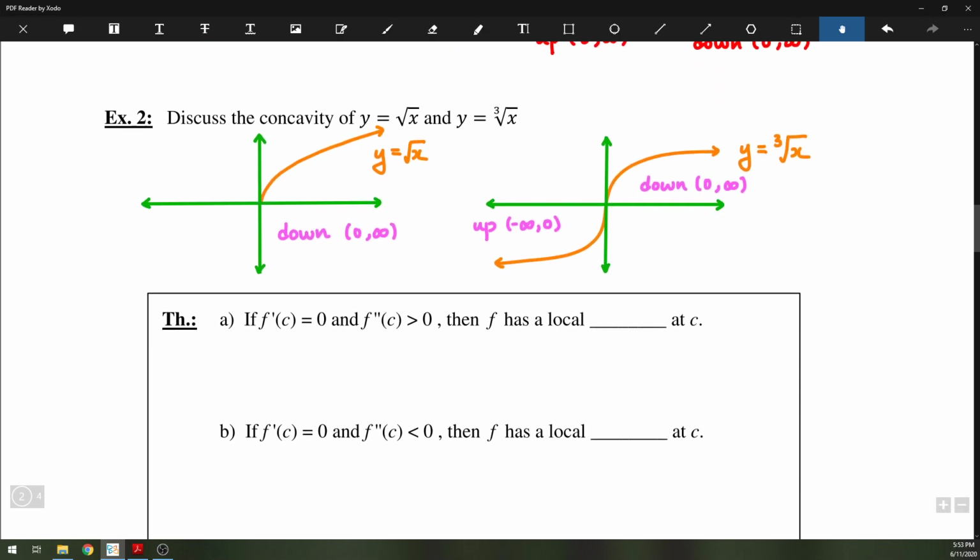So how we can use concavity for local maximum and minimum is that if f prime of c is equal to 0 and f double prime of c is greater than 0, then the graph is concaving upwards.